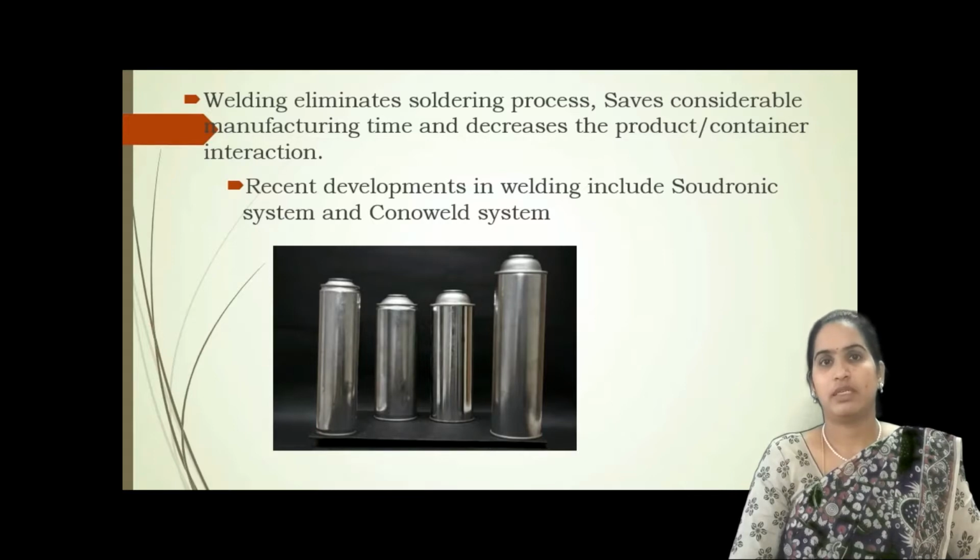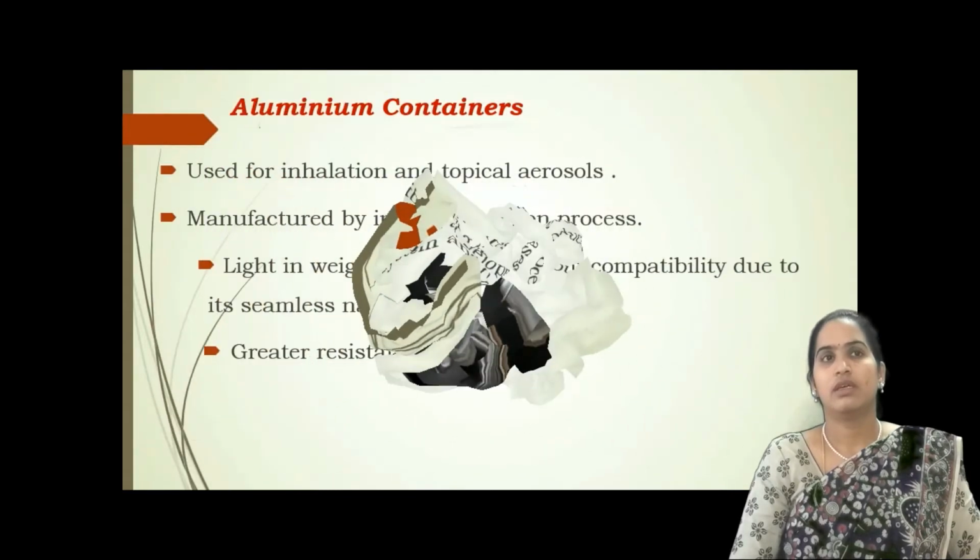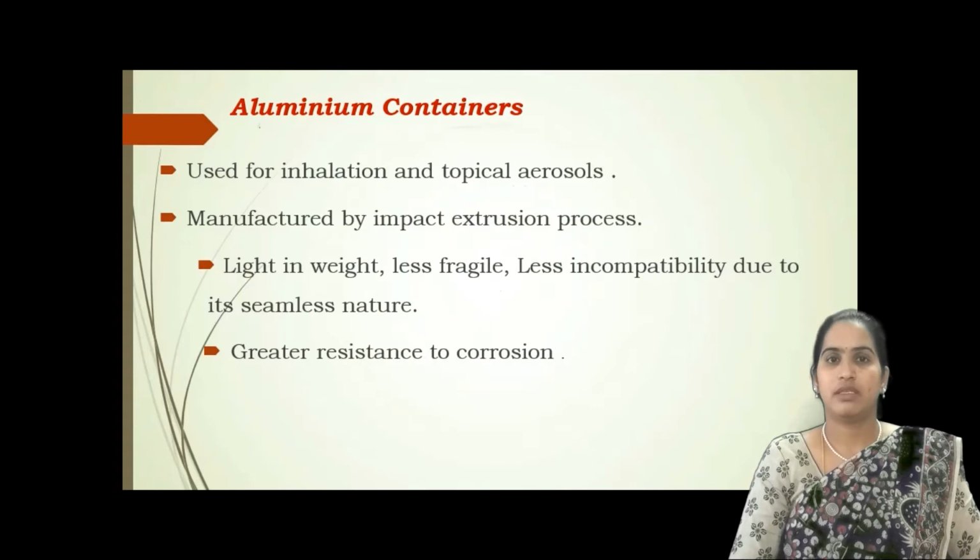The next type of container is aluminium containers. These aluminium containers are used for inhalation and topical aerosols. They are lightweight and cheap compared to the other metals. Compared to glass containers, aluminium containers are less fragile and less incompatible due to their non-reactive nature, and they offer greater resistance to corrosion.